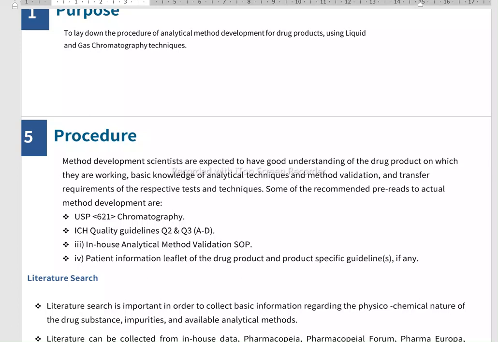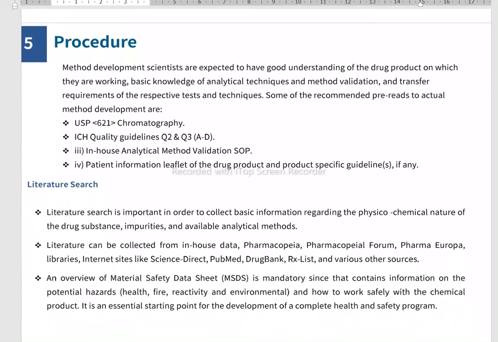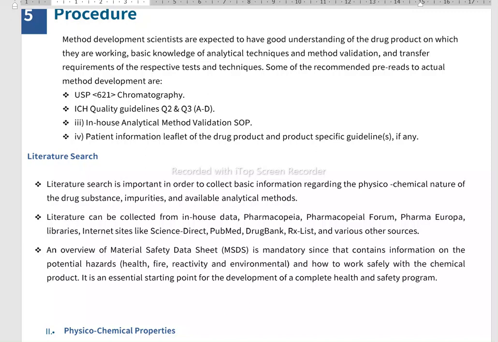Before taking a trial on any column or mobile phase, you should first perform a literature search, because the literature search is a very important technique. With the help of this, you can know about your molecule.